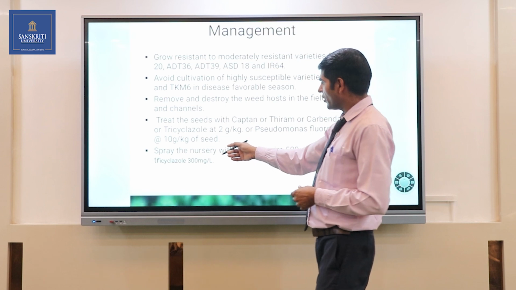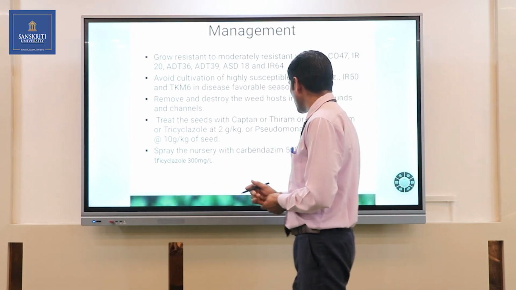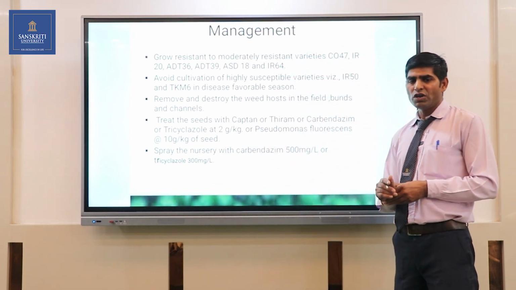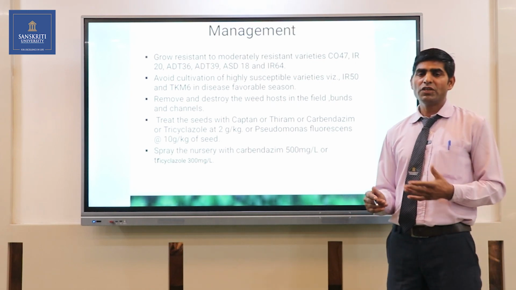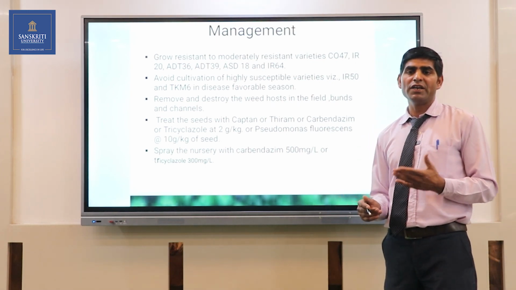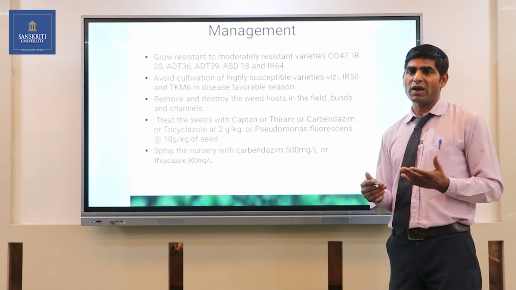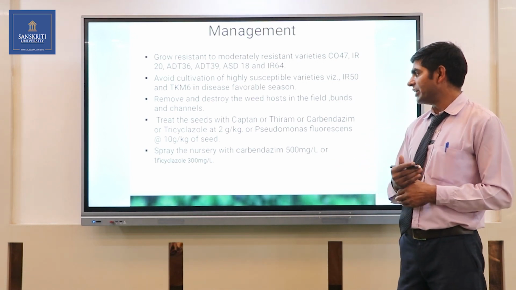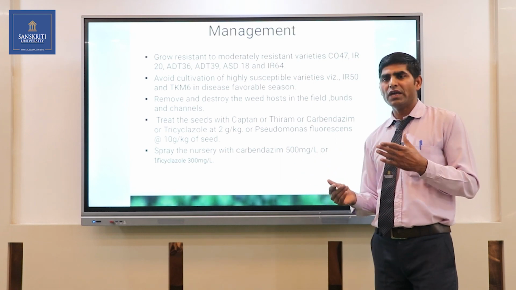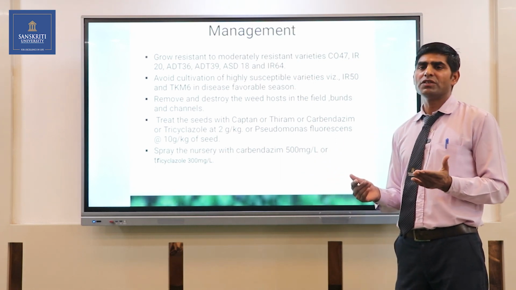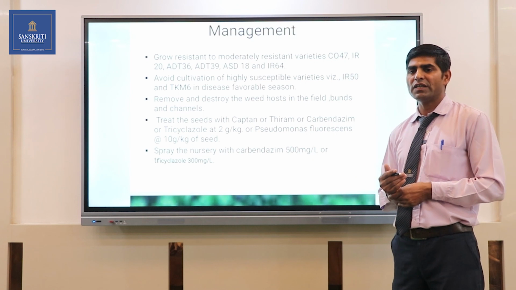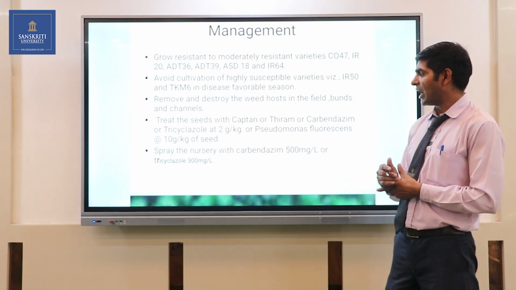Another one, spray the nursery with Carbendazim, because I told you this disease is also visible in the nursery at the initial days of the rice plant. So how will you control it? If symptoms are visible on a rice plant, then you have to spray with Carbendazim.